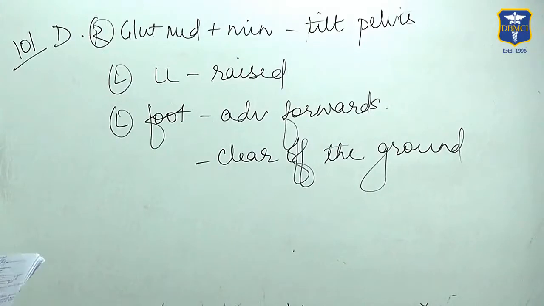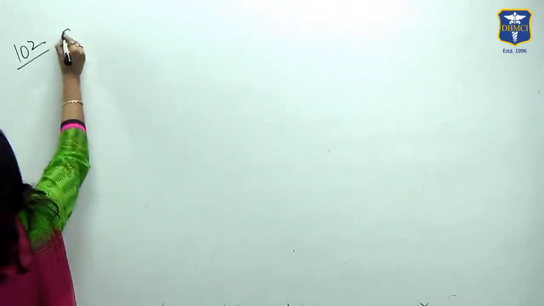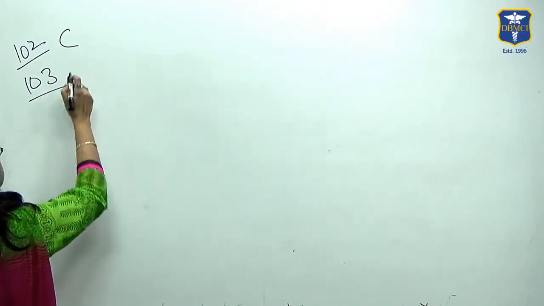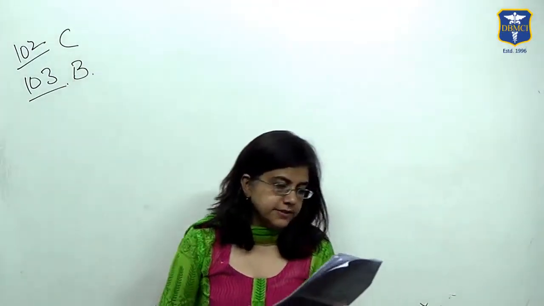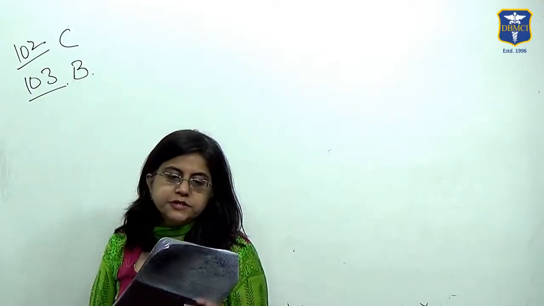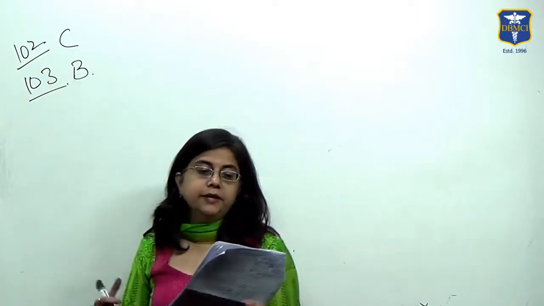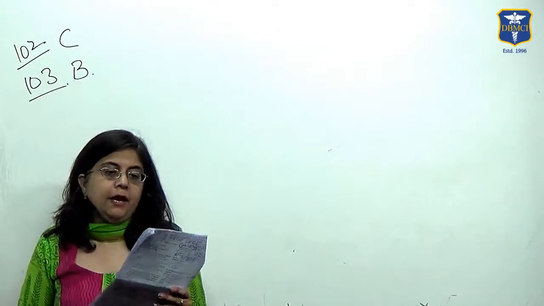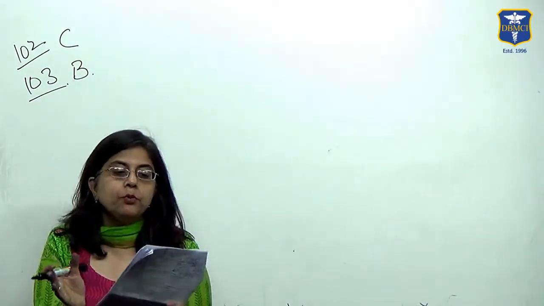102, the answer is C. 103, the answer is B. If you look at the choices, the posterior obliterated umbilical artery is in front of the fossa. Basically, they have written the obliterated umbilical artery posteriorly.